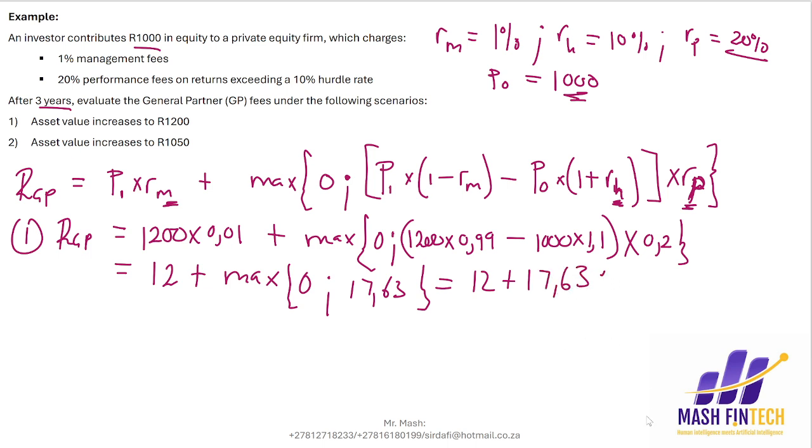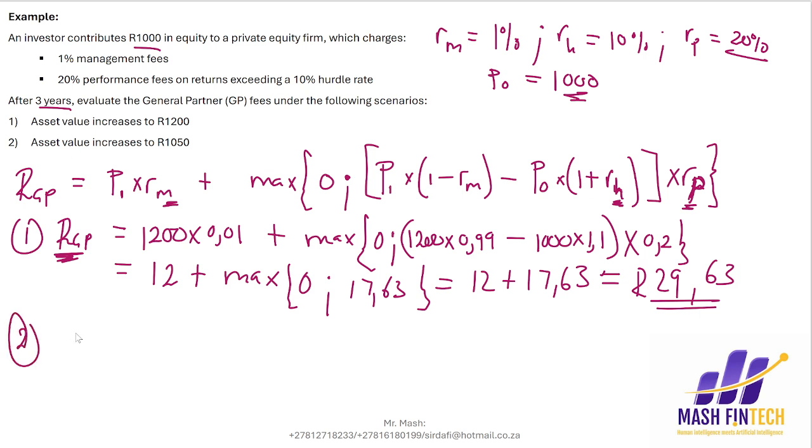If you add these two, you're going to get 29 rands and 63 cents. This becomes the performance fees, the GP fees.